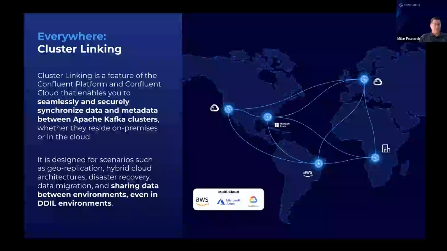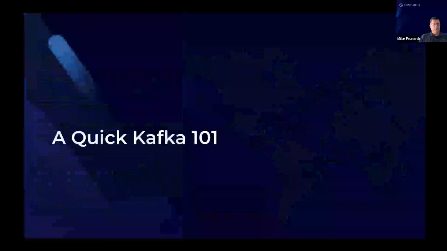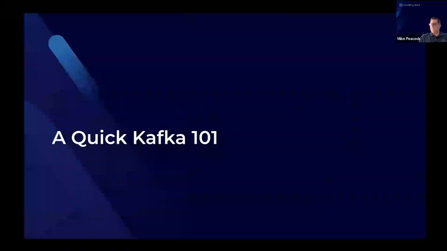That was its original intent, but it happens to work really, really well in these DDIL use cases. So let me step back and give a bit of a Kafka 101, not too deep, but it'll help understand why cluster linking is powerful and how it's sitting on top of basically what Kafka does.